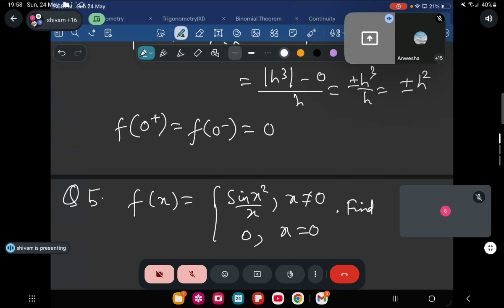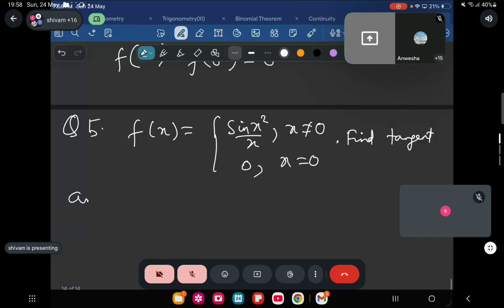Find tangent and normal at x equal to 0, if they exist. You have to write down the equation of the tangent and equation of the normal at x equal to 0.